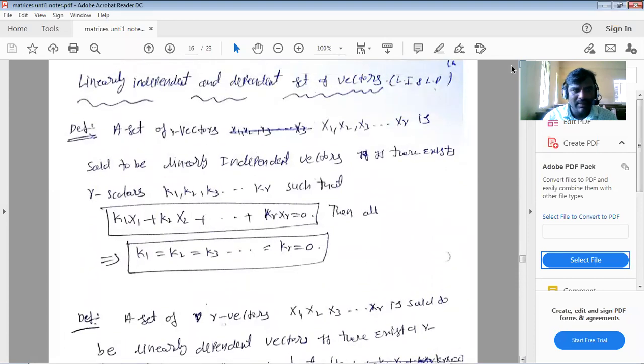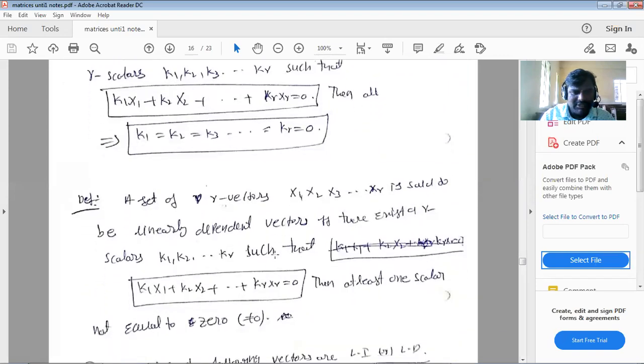Now write down the linear combination of the given vectors and equate it to 0. If all the constants are 0, then we call the given vectors LI, linear independent vectors.